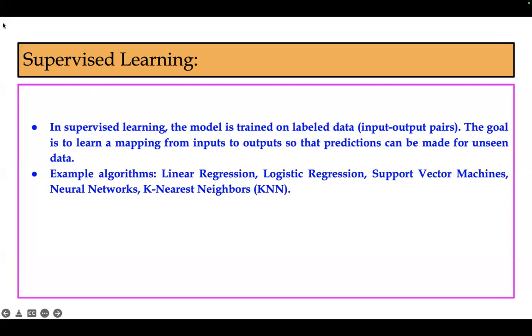Now you can see supervised learning. This means someone is there who will help you throughout the learning process, throughout the machine learning process. Now, how is it possible?